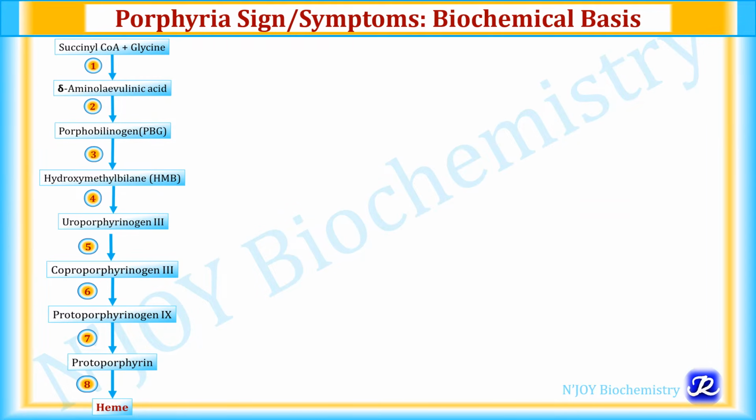Now coming to the biochemical basis of signs and symptoms seen in porphyria, it depends on where the defect lies. If the defect lies above the formation of hydroxymethylbilane, that is tetrapyrrole, then the patient presents with neuropsychiatric symptoms and abdominal pain. In this condition there will be increased accumulation of porphobilinogen and delta ALA.